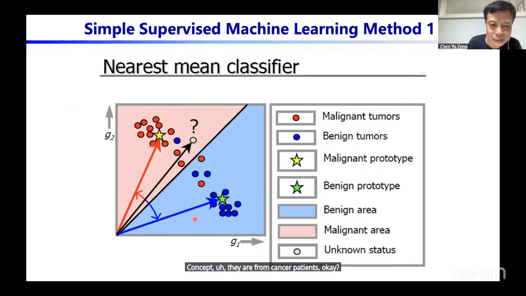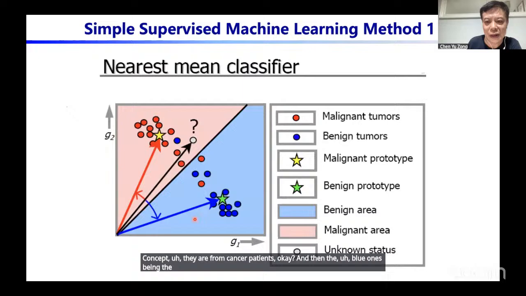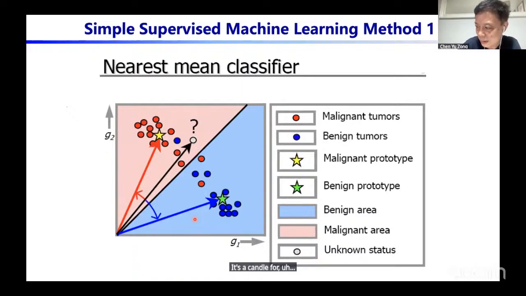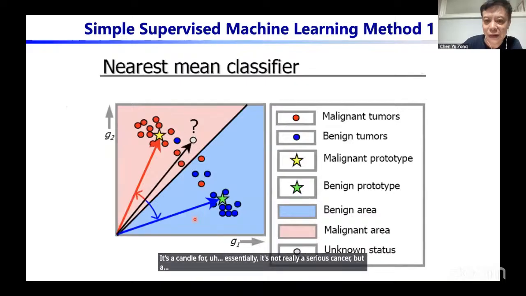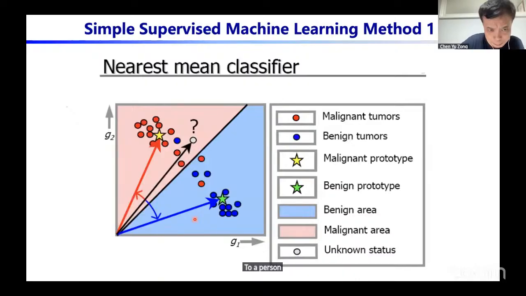And then the blue ones are essentially not really a serious cancer, but rather a benign type of tumor, so it's not really harmful to a person.